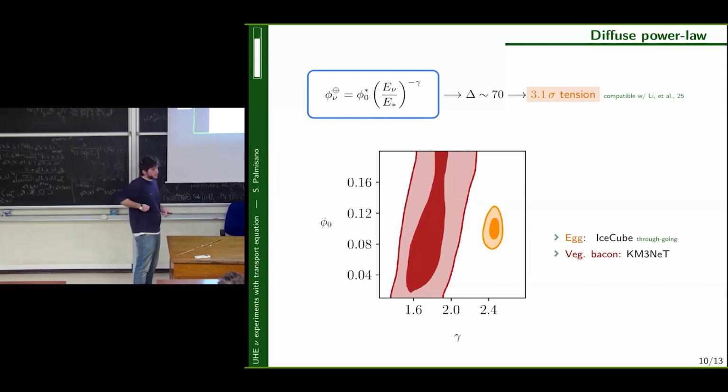Whereas for KM3NeT, there's only one bin. So somewhat an implicit assumption is that even if KM3NeT takes data at lower energies, which it does not, it's still compatible with the IceCube diffuse fit. So it makes sense to only compare the ultra high energy bin with the diffuse fit.